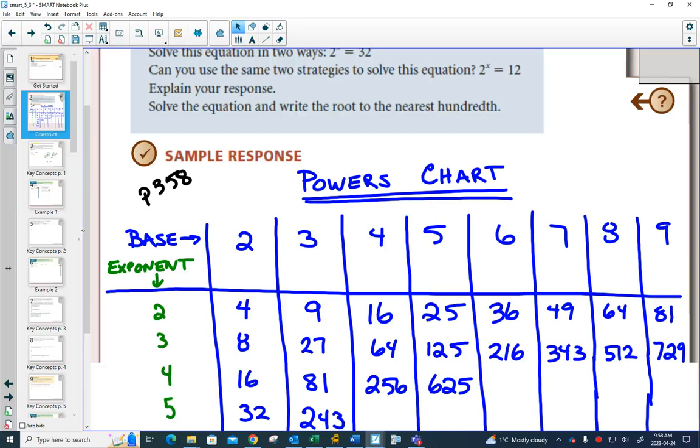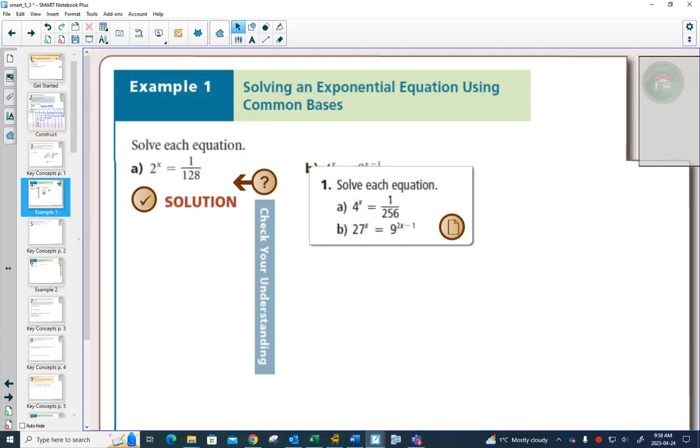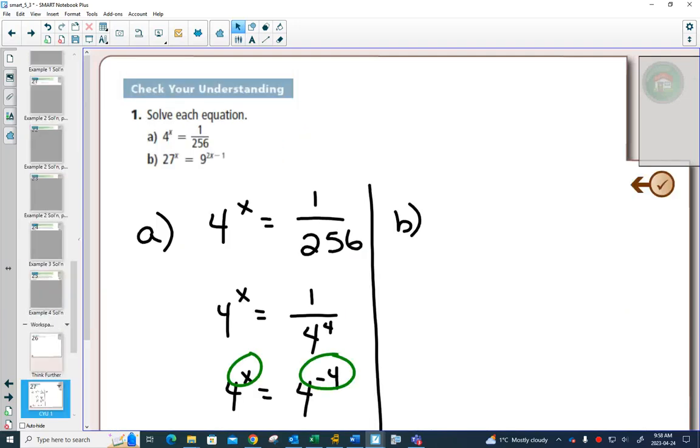So our goal in this question is to get things to have the same base. And I can do that by changing 27 to a base of 3. So I change the 27 to 3 cubed, there'd still be an x outside.